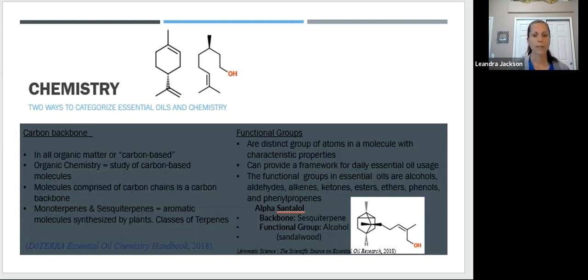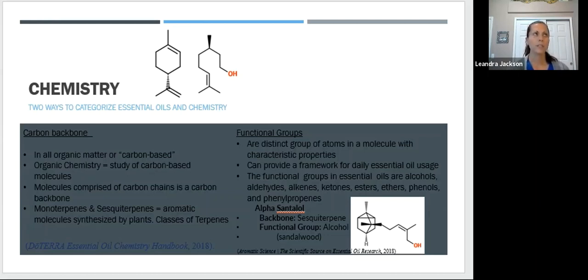The carbon backbone determines the organic molecular shape when atoms are joined. The monoterpenes are in almost all essential oils, having a 10-carbon aromatic structure, and have a strong effect on cell membranes due to their size. They can fit between the fatty molecules of the membrane, also passing through to affect targets inside the cell.